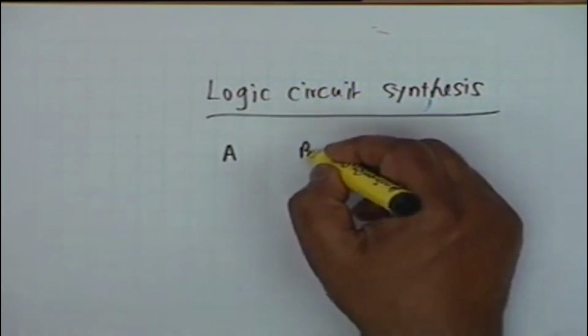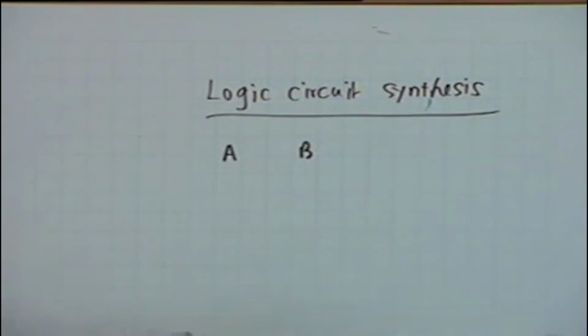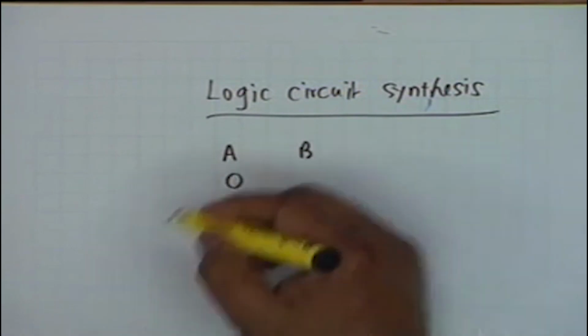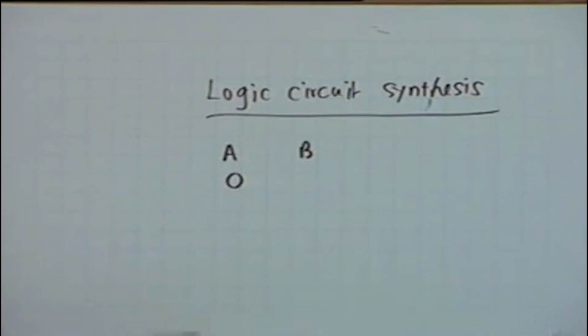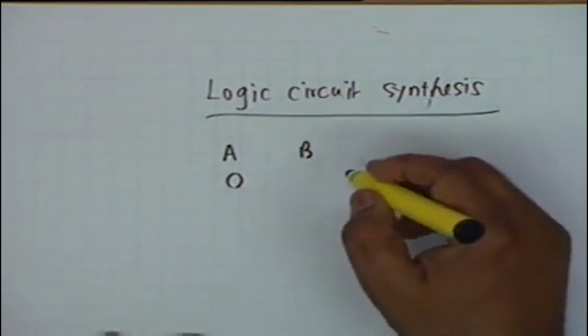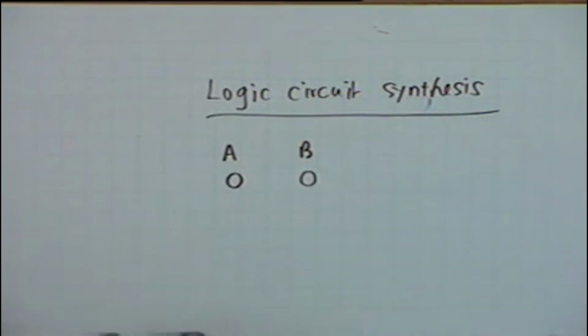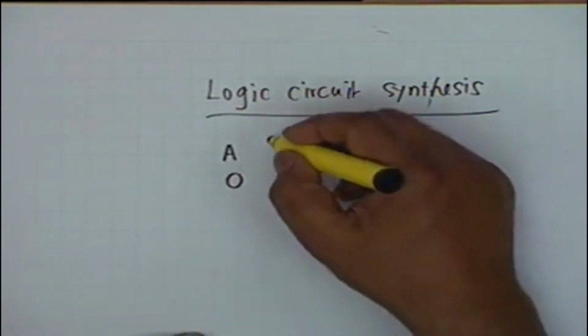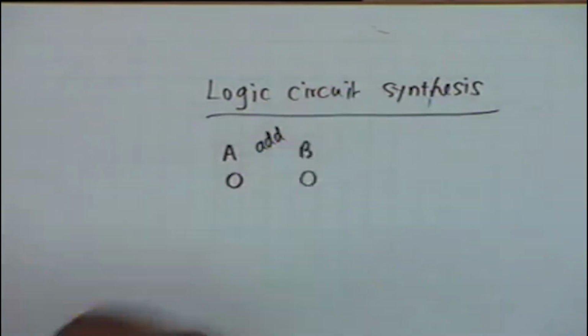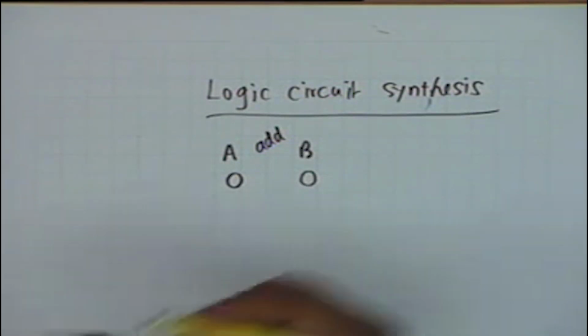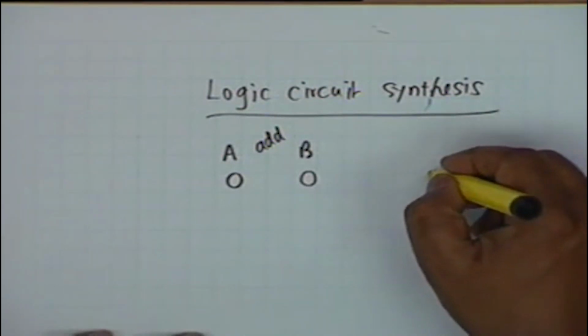two bits, let's say A and B. Well, we know this is addition. If we add 0 and 0, it's not an OR operation, okay? When we add A to B, 0 and 0, the result is 0.